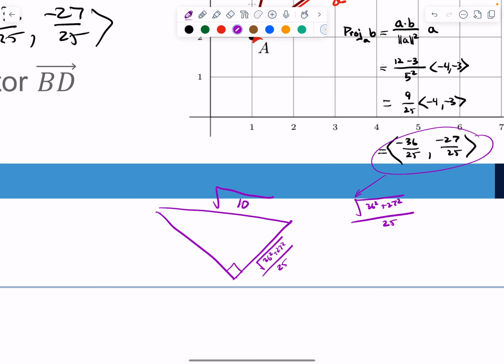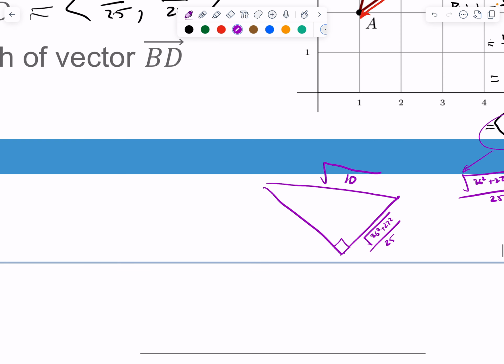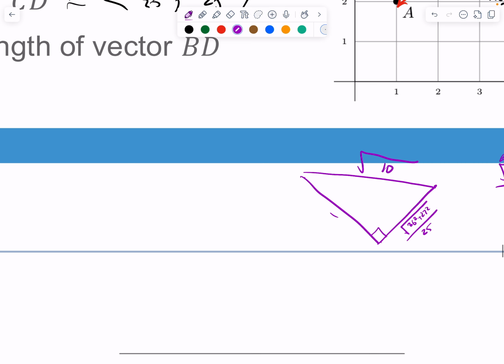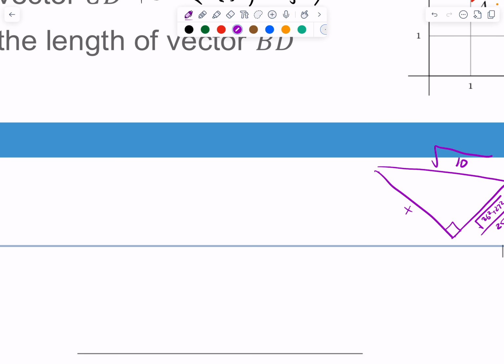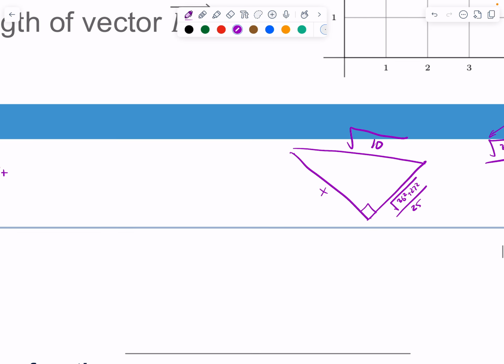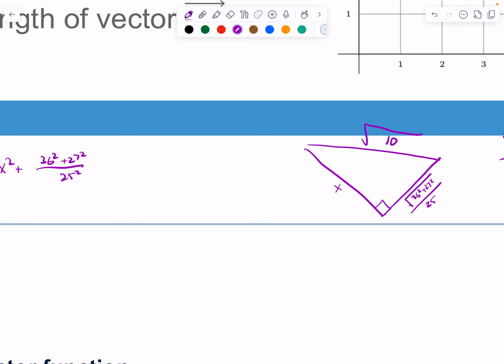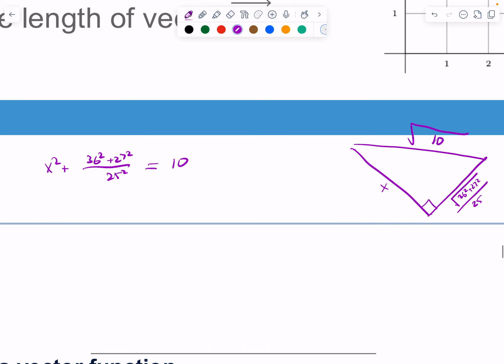Okay, so using the Pythagorean theorem, we'll call this x just for fun here. X squared, plus this nasty thing, 36 squared plus 27 squared over 25 squared. If you square that, the square root goes away, and then the 25. That should equal 10.